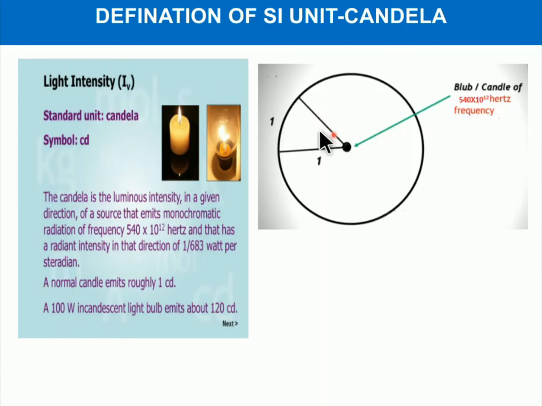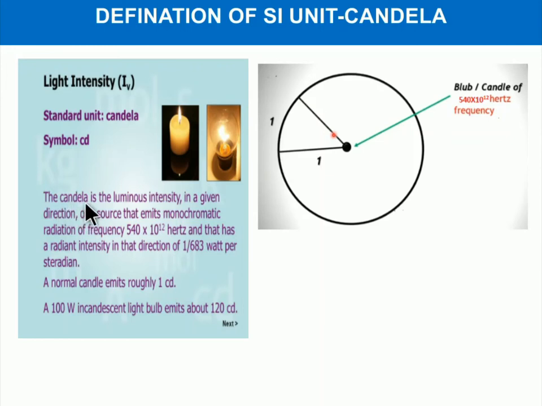The light or energy in 1 steradian is called candela, or when the energy is 1 by 683 watt in the angle of 1 steradian, then the luminous intensity is called 1 candela.